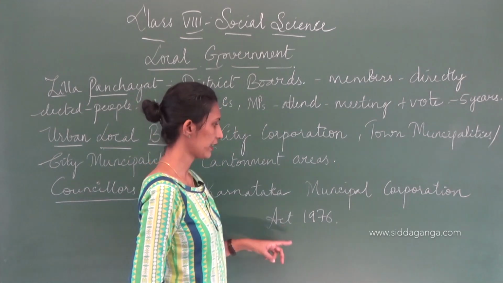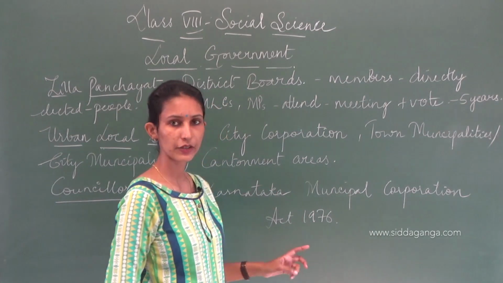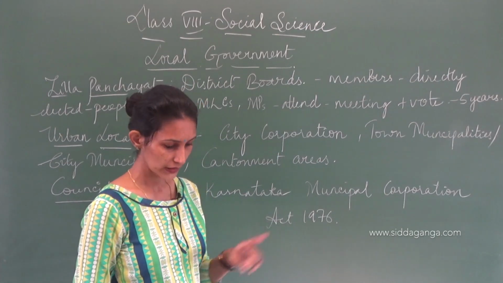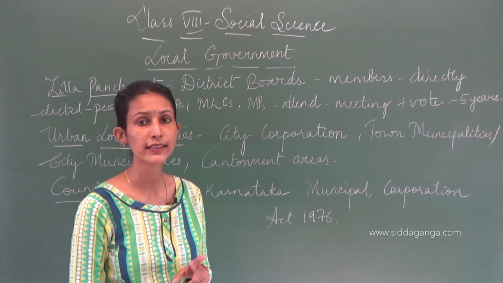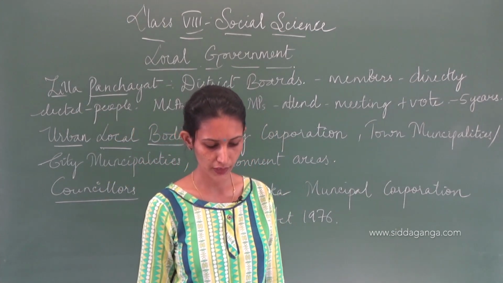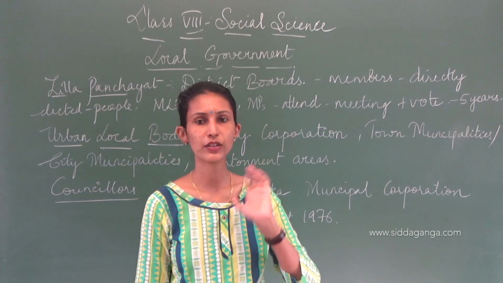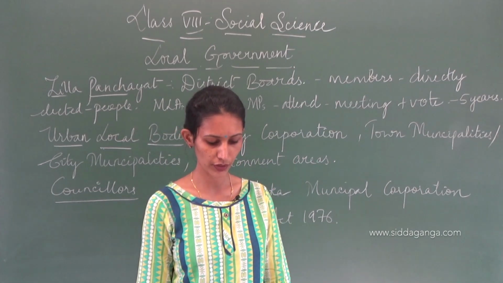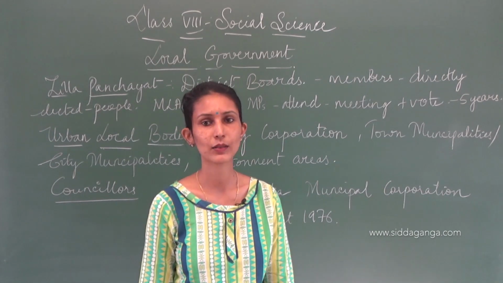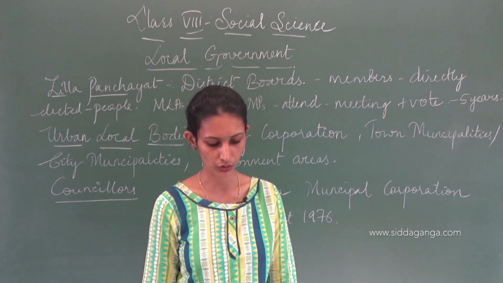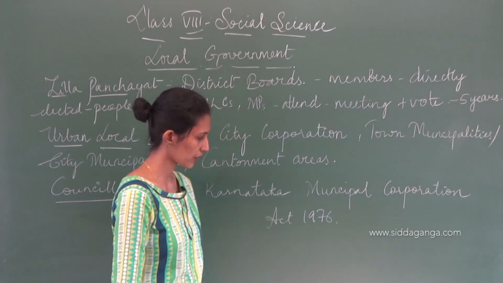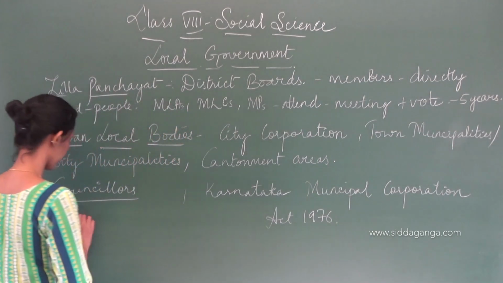Under this act, the municipal corporation, that is the city corporation or the Mahanagara Palike, was established. This is formed where the population is more than 2 lakh and the income is more than 1 crore. The members of the city corporation are called corporators.